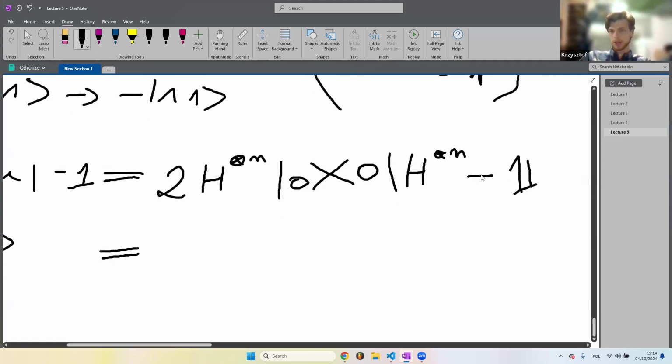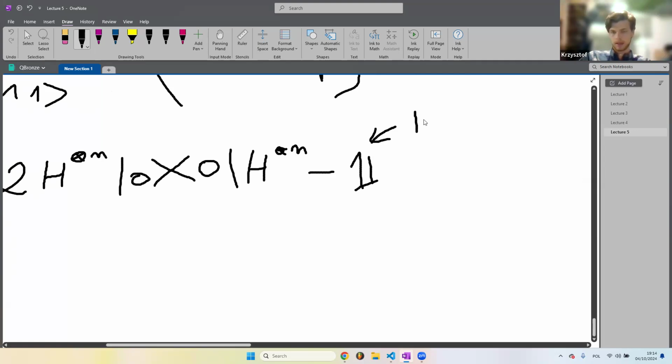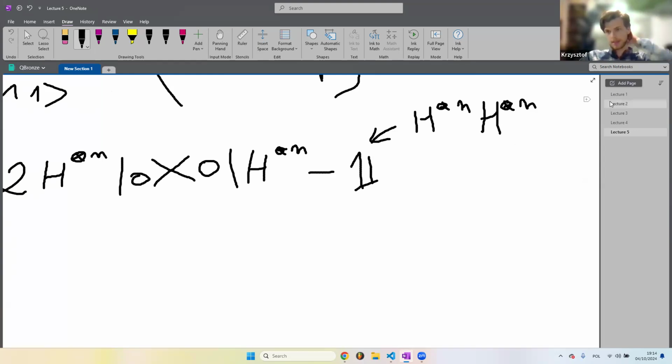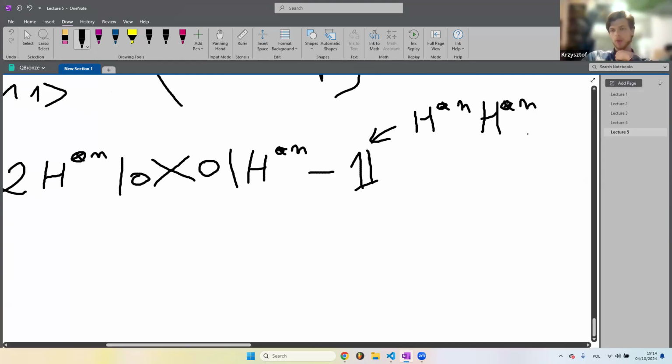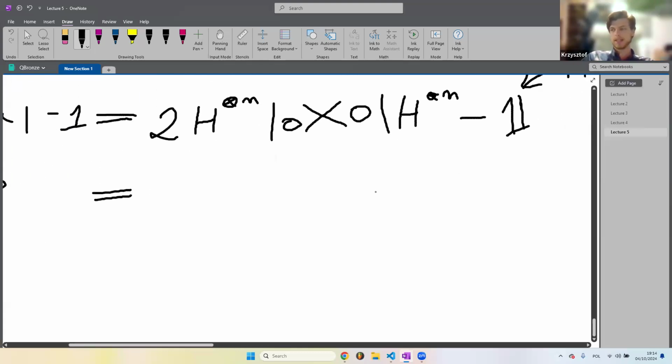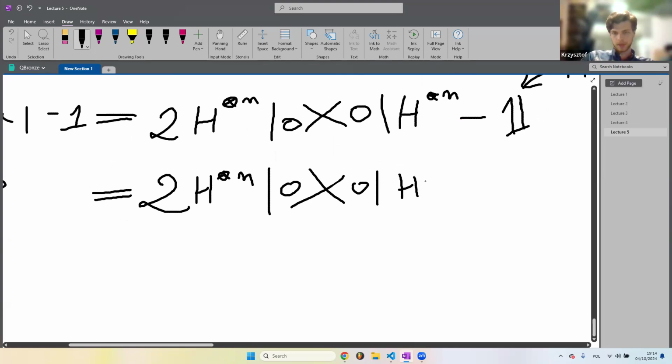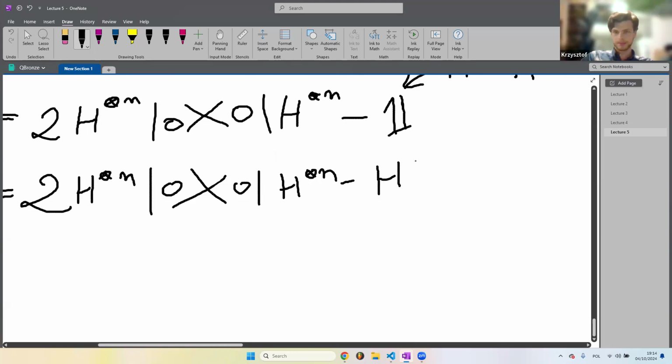Now we can also write the identity matrix as Hadamard gate applied n times, and another Hadamard gate applied to n qubits. And this is a fact from the first lecture when we applied two Hadamard gates to a sequence of qubits, and it didn't have any effect on them. So let's rewrite this as 2 Hadamard n, 0 0, Hadamard n minus Hadamard n.